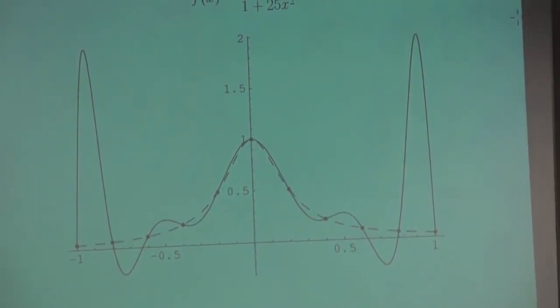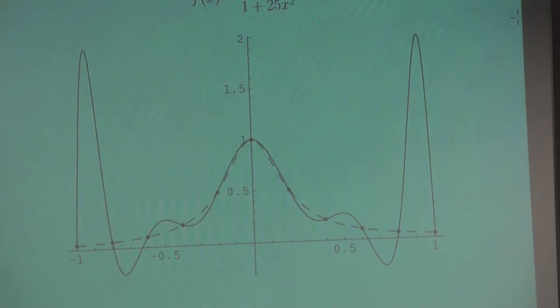I mean, here the only solution is to use the Chebyshev abscissa. What's not a good idea is to add extra points. Maybe it's a good idea to decrease the number of points, to use fewer points.